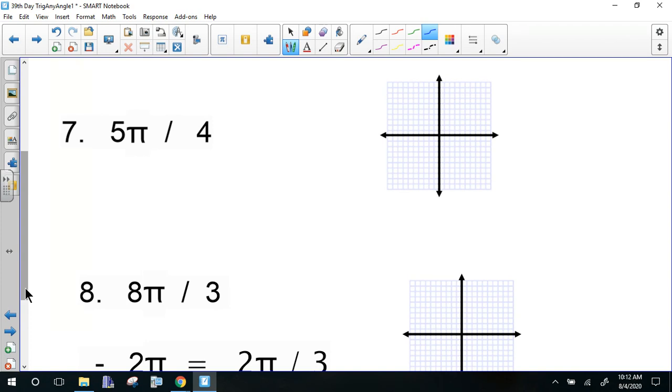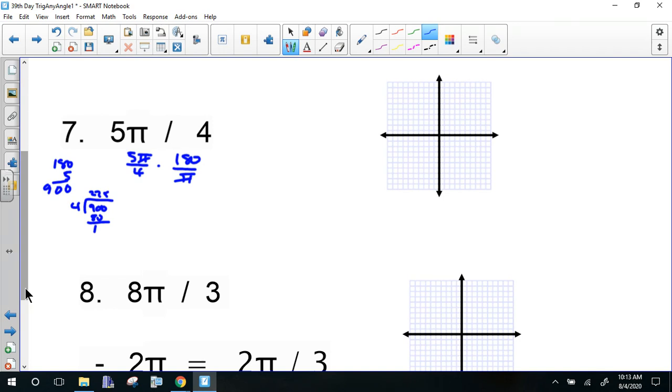Five pi over 4. If you want to convert it, five times 180 is 900 divided by 4. 225.